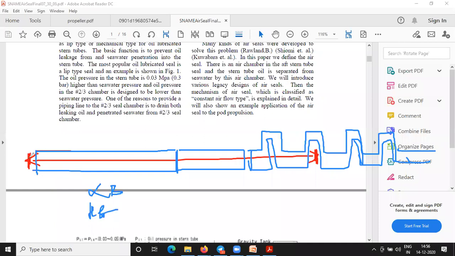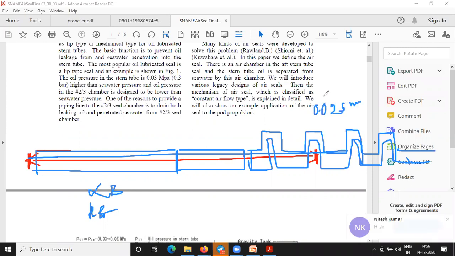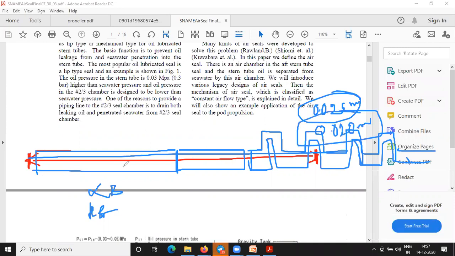Third, they will use the strong thread. The deflection in the shaft in slow speed engines should be like 0.025 mm, and the deflection in high speed engines is like 0.020 mm. That is how close they align these shafts.